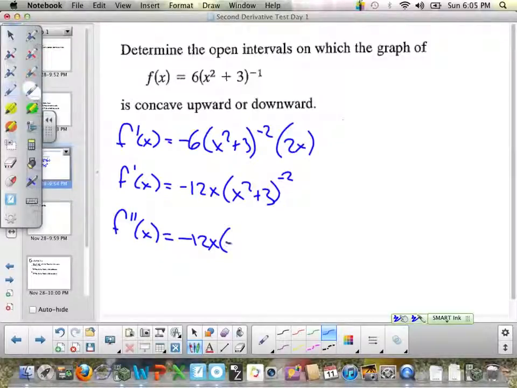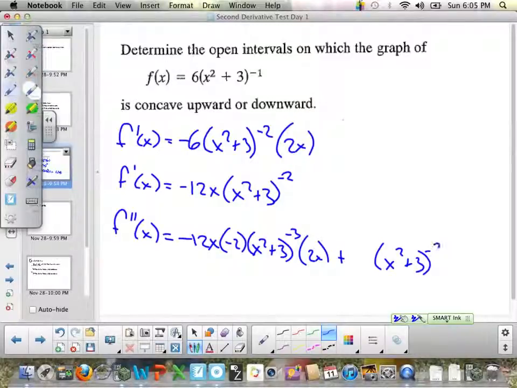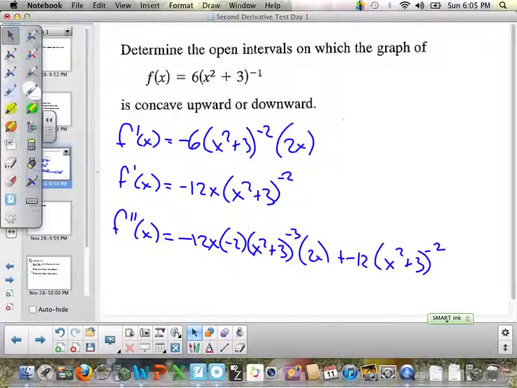Using the chain rule, that's negative 2 times x squared plus 3 to the negative 3 times the derivative of the inside, which is 2x, plus the second function times the derivative of the first. The second function is x squared plus 3 to the negative 2, and the derivative of the first function is negative 12.